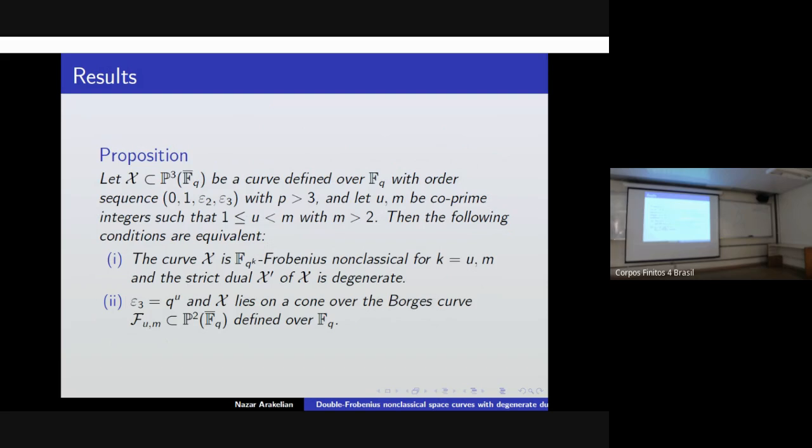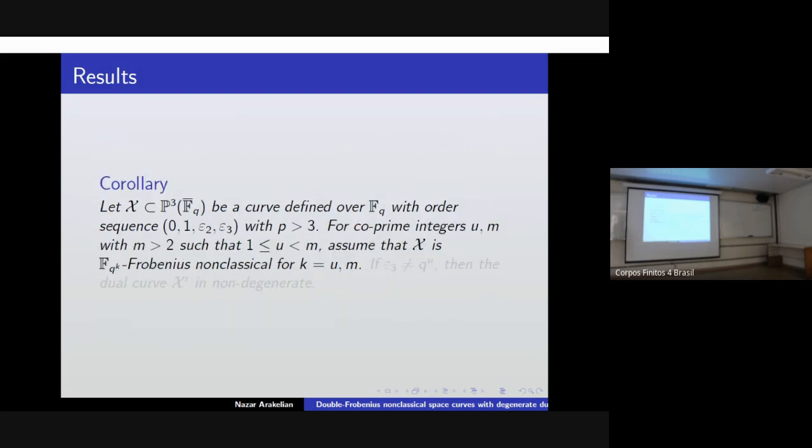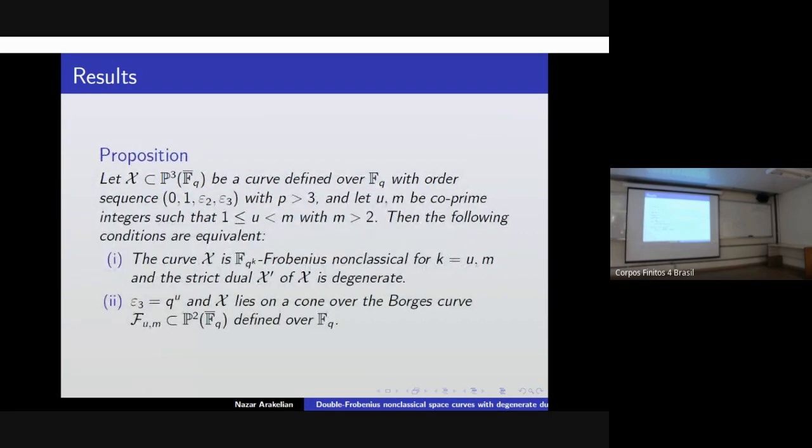With this on hand, we can give a criterion to conclude when double Frobenius non-classical space curves have degenerate duals. If you have a double Frobenius non-classical space curve, I forgot to say that, I wrote it down, in this case this number epsilon_3 actually equals q^u, this u.